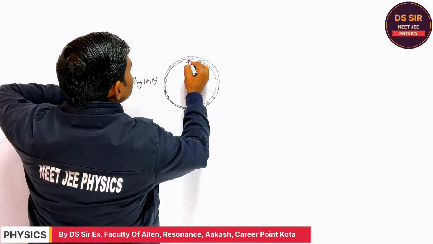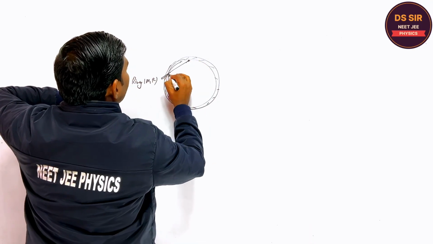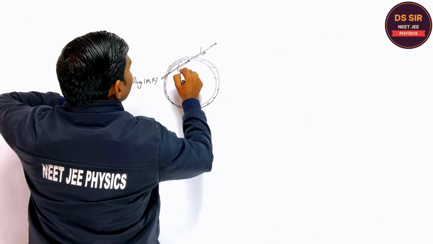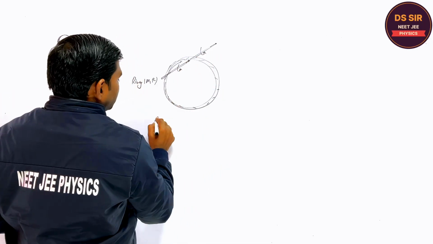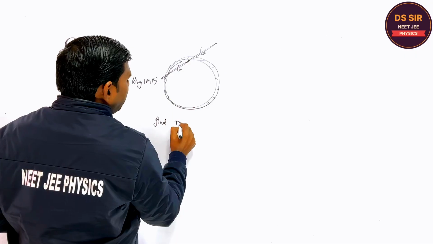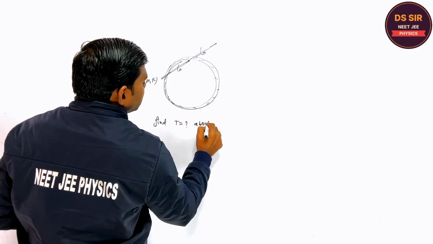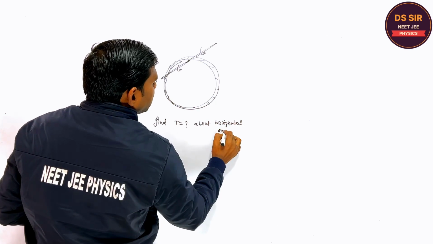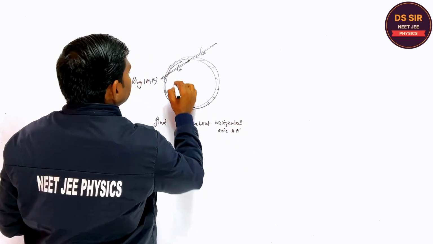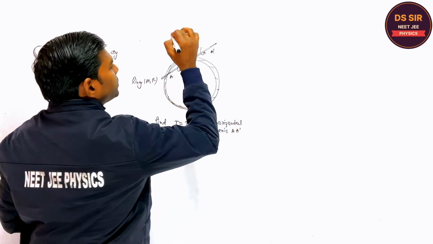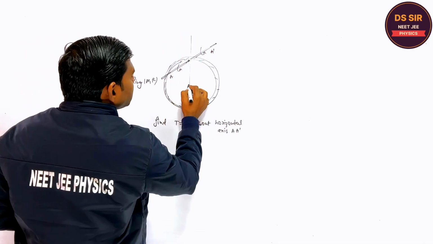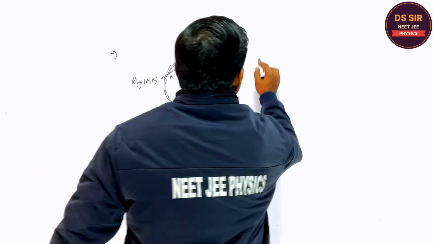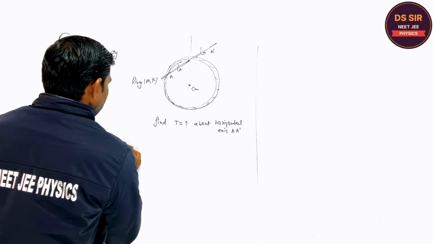This is the axis of rotation, and you have to find the time period of oscillation about the horizontal axis, A A dash, if it is displaced a little bit.